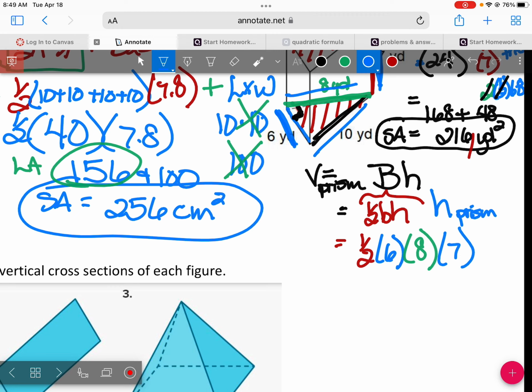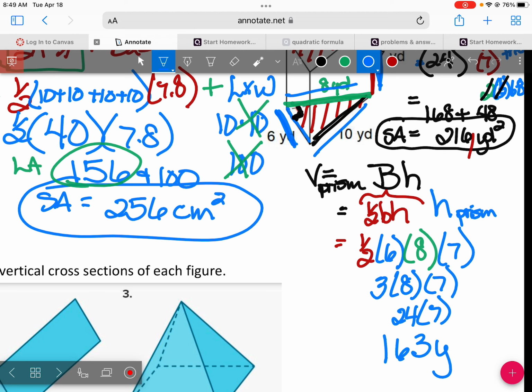So you can take half of 6 and say 3 times 8 is 24 times 7, and you would get 163 yards cubed. That is the volume.